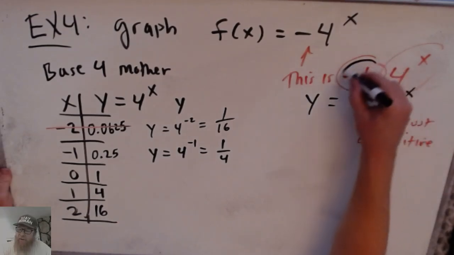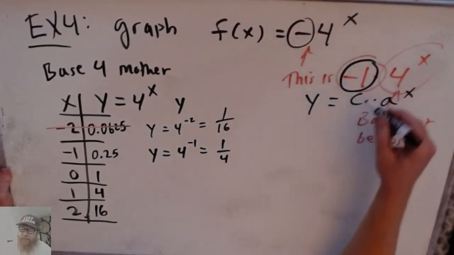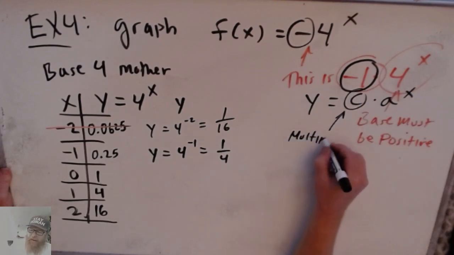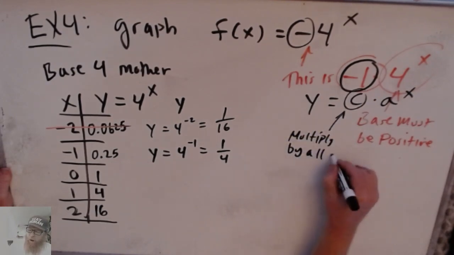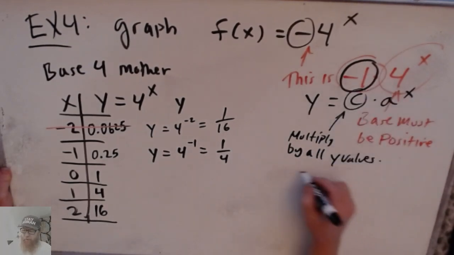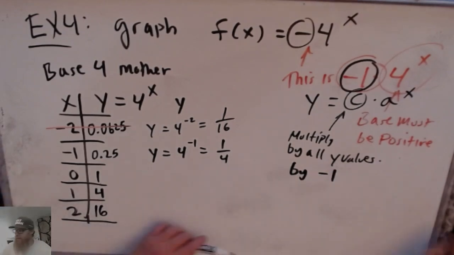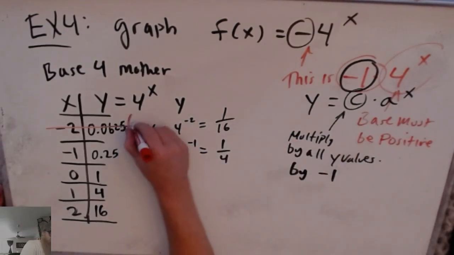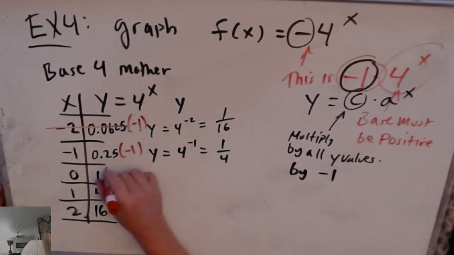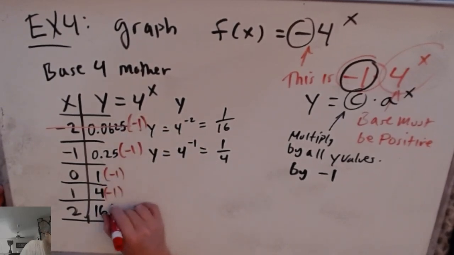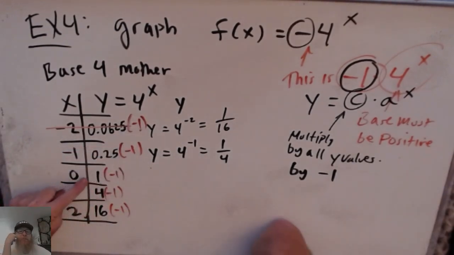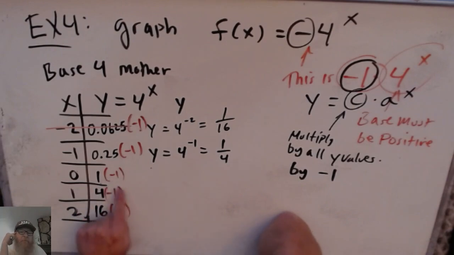All right, now you're going to do your scalar. Your scalar is going to multiply by all the y values. Yeah, C is equal to negative 1. So we're going to come over here, and we're going to multiply all of our y values by negative 1. Be careful. Sometimes your brain will be lazy and say, I don't feel like writing parentheses.